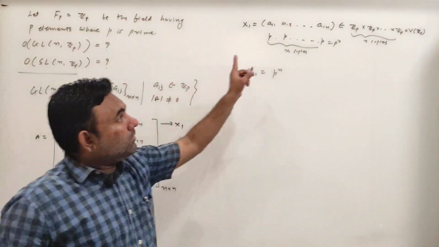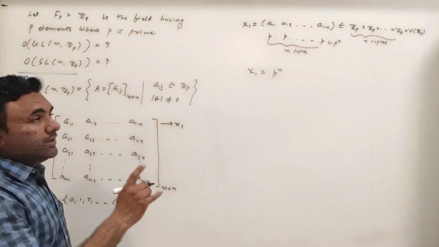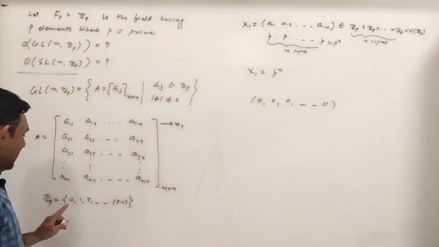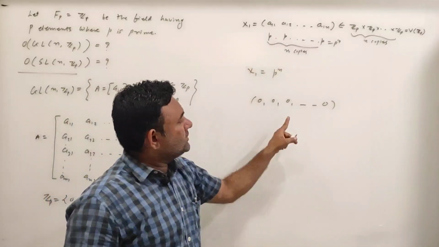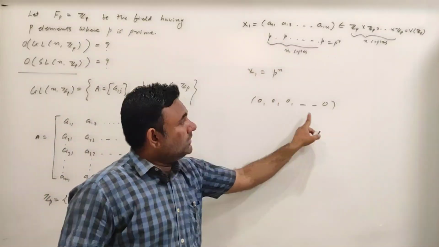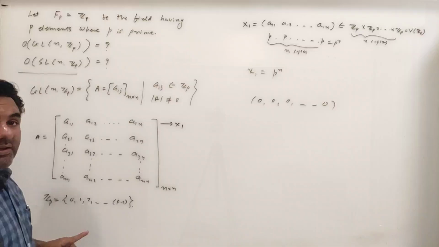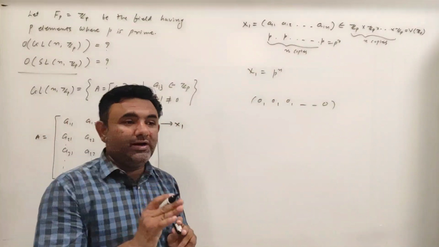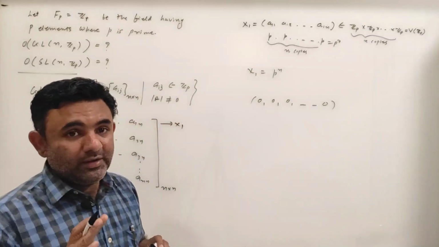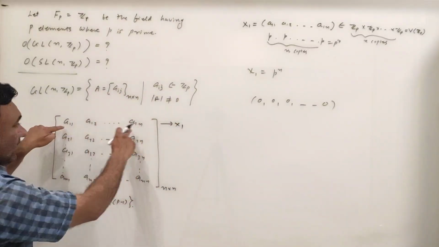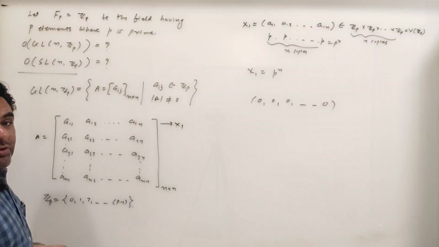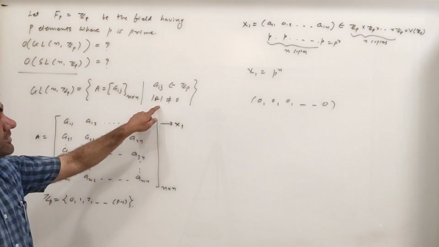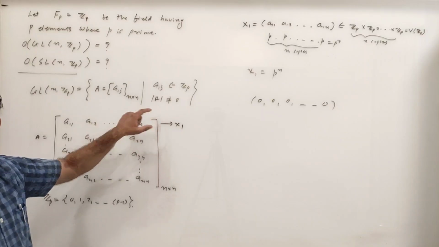But among these choices, one choice is 0, 0, 0 and so on, because 0 is in Zp. When all the elements are 0, x1 is linearly dependent, because the zero vector is always a linearly dependent vector. And if all elements are 0, then the determinant is obviously 0. I am not interested in matrices whose determinant is 0; I am interested in the determinant being non-zero.